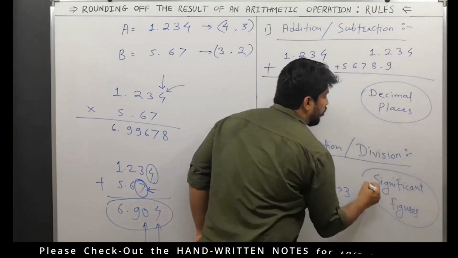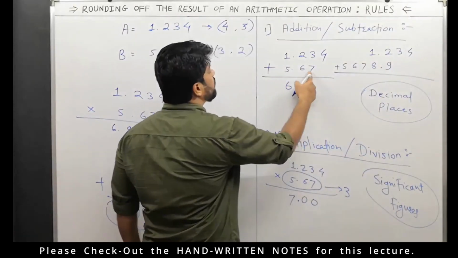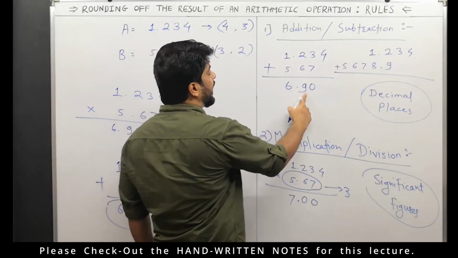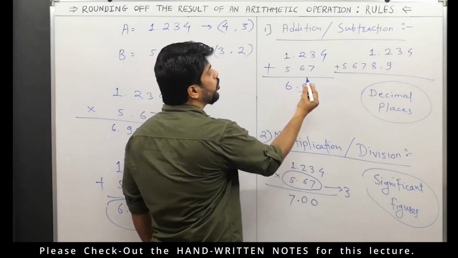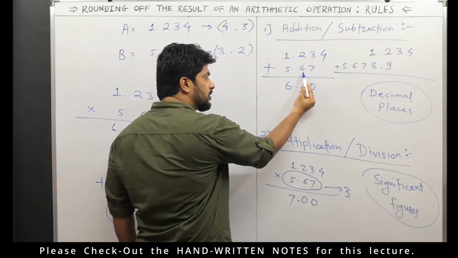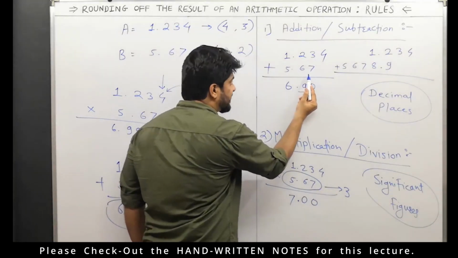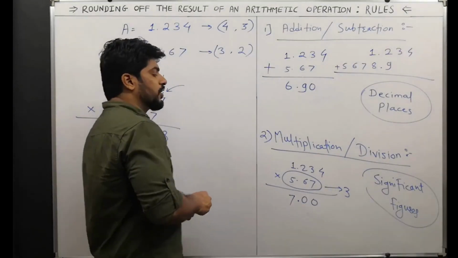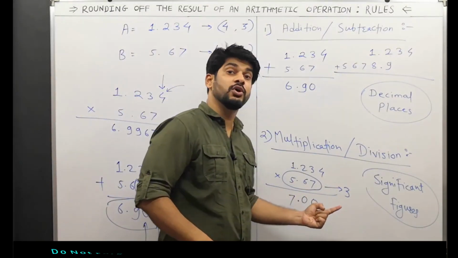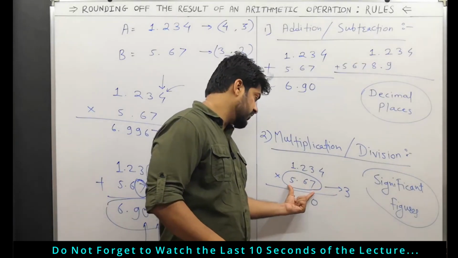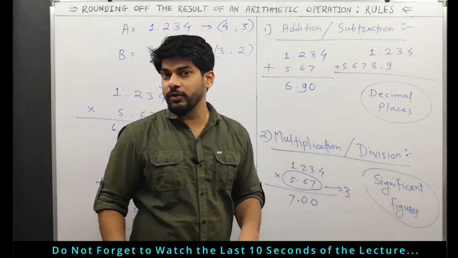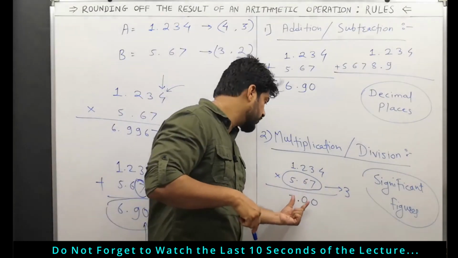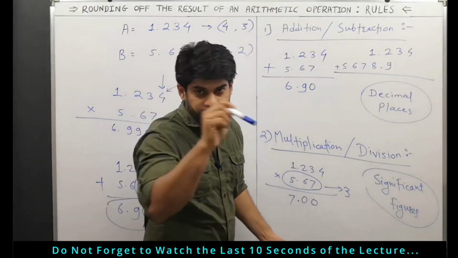Over here we check for that number which has got the least number of decimal places, and our answer also contains only that many decimal places. And here we check for significant figures. We check for that number which has got the least number of significant figures, and the answer of our operation would also have that many significant figures.